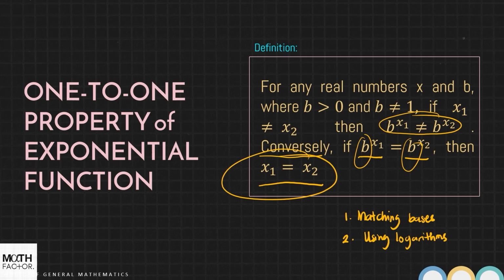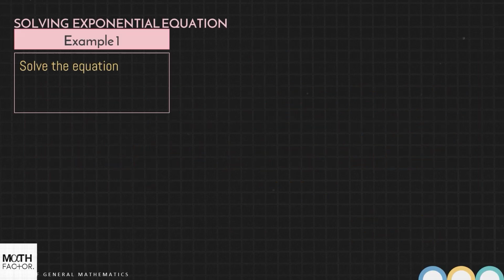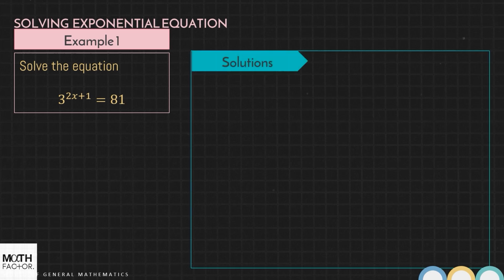So let us start solving exponential equations. For the first given, we have here 3 raised to 2x plus 1 is equal to 81. So, paano ba natin ito isa-solve? Yung una, di ba sabi sa property, kailangan same bases tayo para ma-equate natin yung ating exponents.